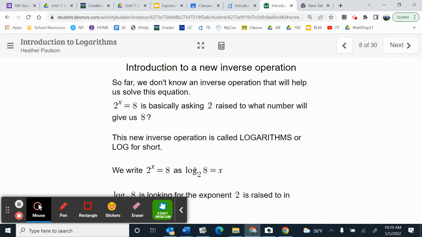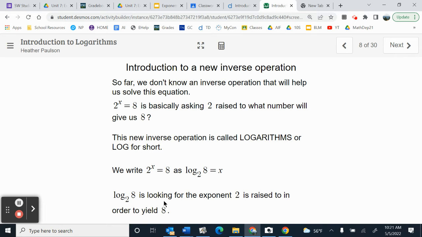The inverse operation that we will use is called a logarithm. 2 to the x power is equal to 8 is the same as saying log base 2 of 8 is the exponent. And we can see that this exponent is the 3rd power.